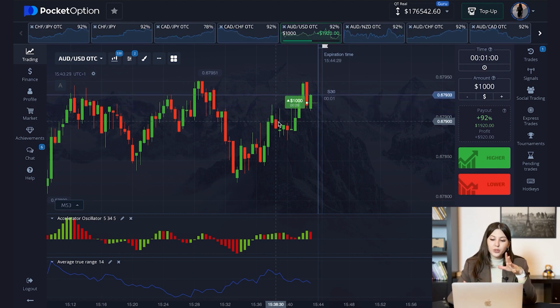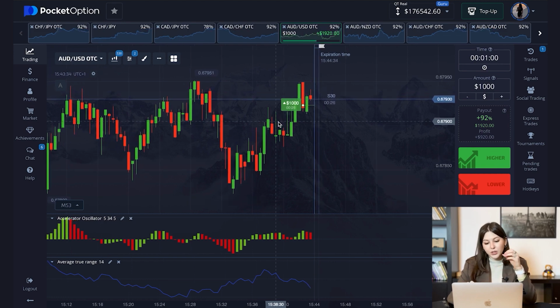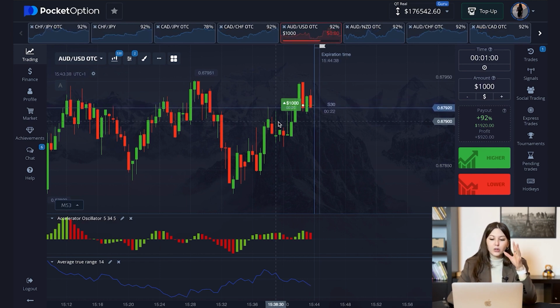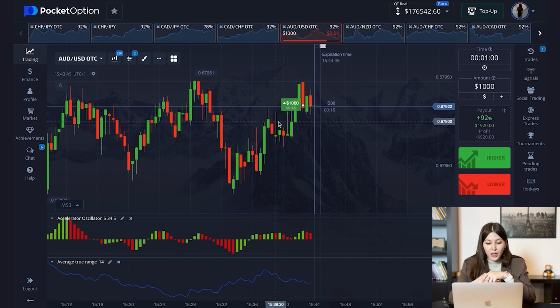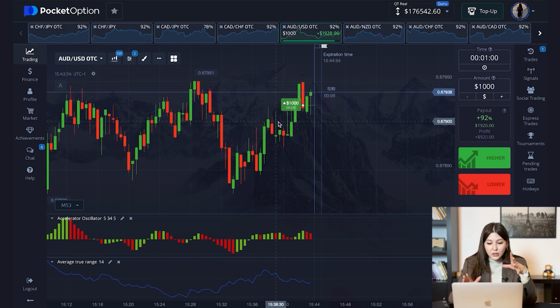This is very important when you're working with a strategy: to be really focused, to have indicators that give you understandable information, also to know how to work with technical analysis and how to manage your emotions, I think, because when you have this not very stable market situation, you can be frustrated a little bit for a few seconds, but still you will have the profit if you're doing everything right.